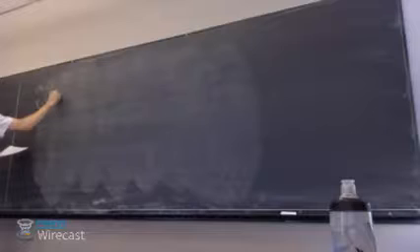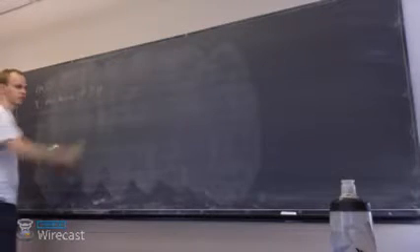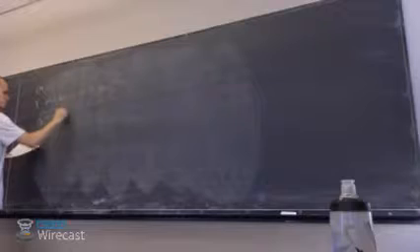Let's say we have a symplectic manifold, and a vector field is called Hamiltonian if there exists a function h, let's say smooth, such that if I plug my vector field into the symplectic form, I get dh.